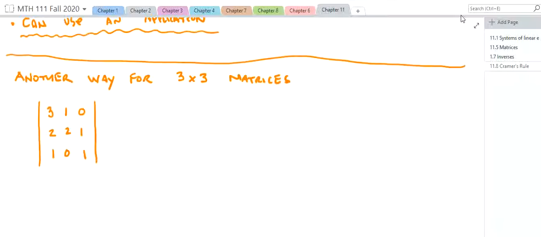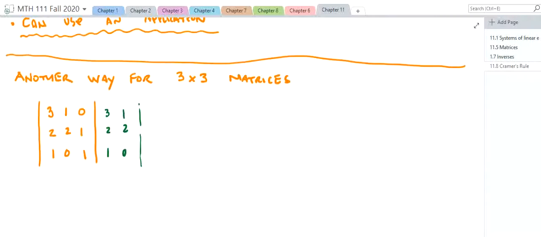So I'll show you another way to do 3 by 3 matrices. If we're going to get the determinant of this 3 by 3 matrix that we did before with cofactors and minor matrices, what you do is you take the first two columns and rewrite them over here to make a bigger situation.